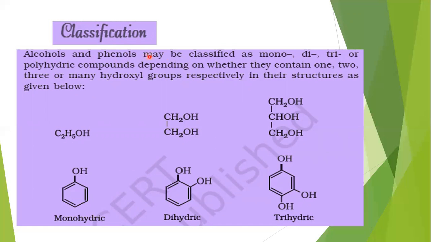Alcohols and phenols may be classified as mono, di, tri, or polyhydric compounds depending on whether they contain one, two, three, or many hydroxyl groups respectively in their structure.